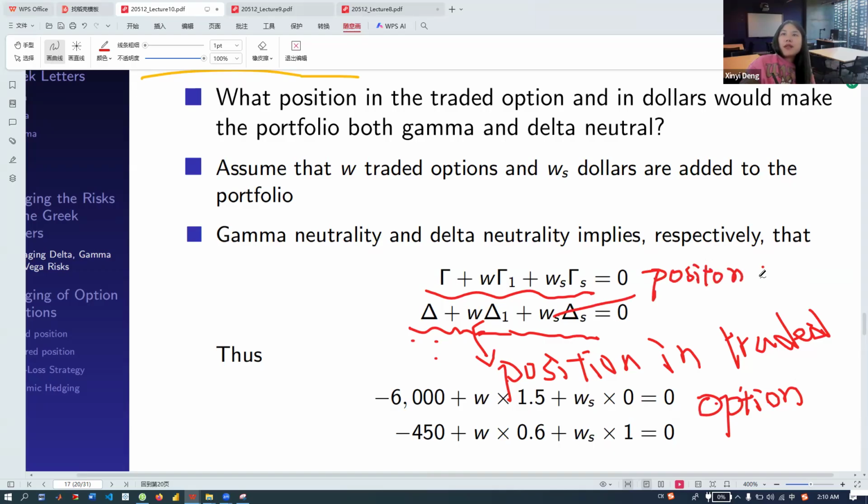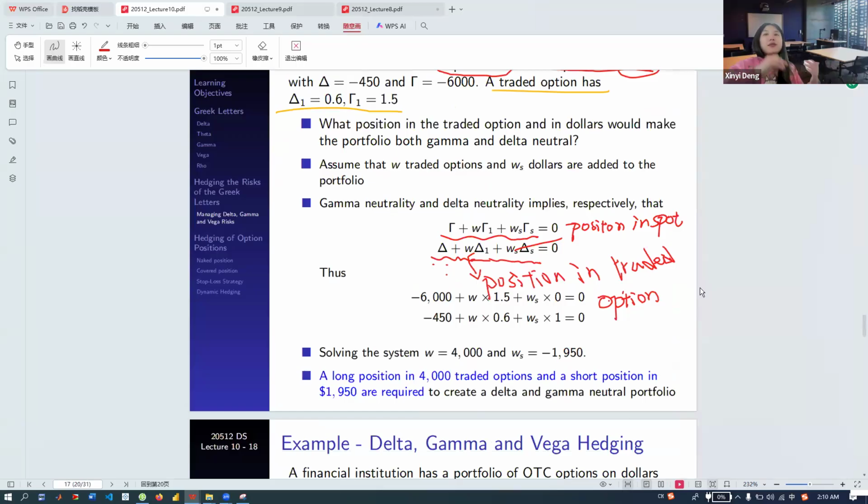If you use the position in spot times the delta of spot, then you basically get the delta associated with those positions in the spot, right? And if you add them together, you just get the delta of the portfolio.